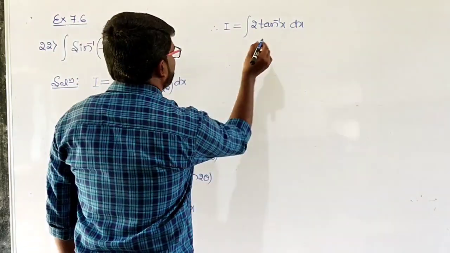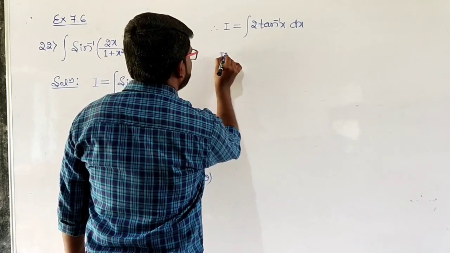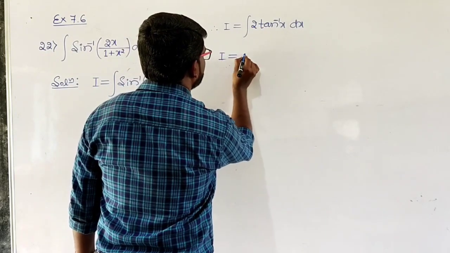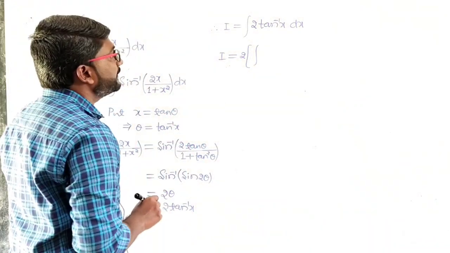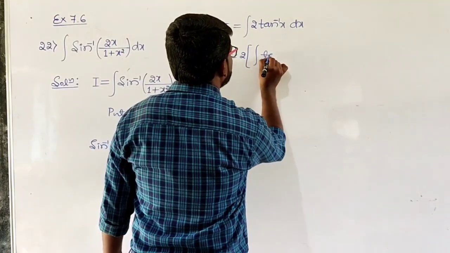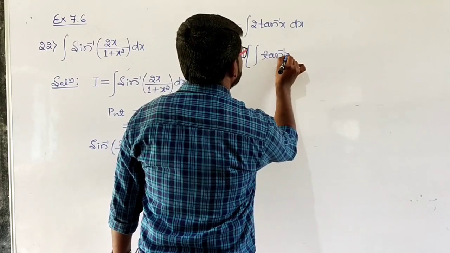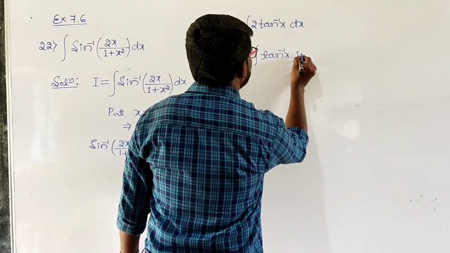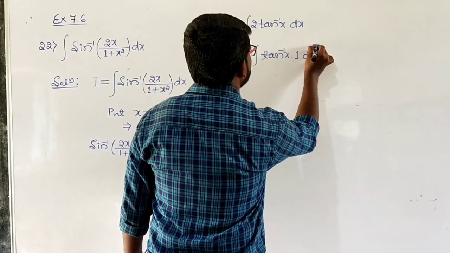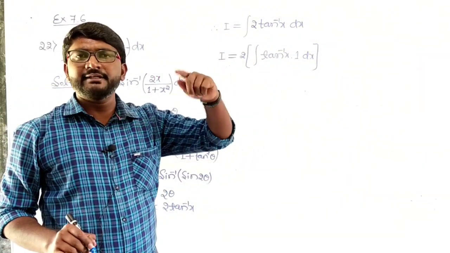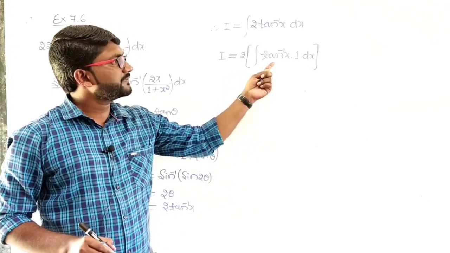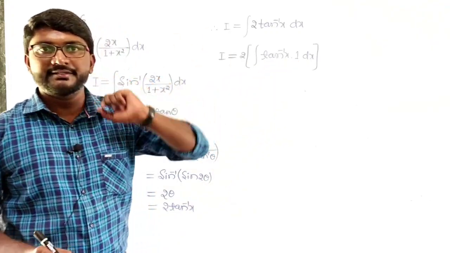So now it can be written as I is equal to 2, I write it outside, then integral tan inverse x into 1 dx. So now, tan inverse x is an inverse trigonometric function. This becomes the first function and 1 becomes the second function.